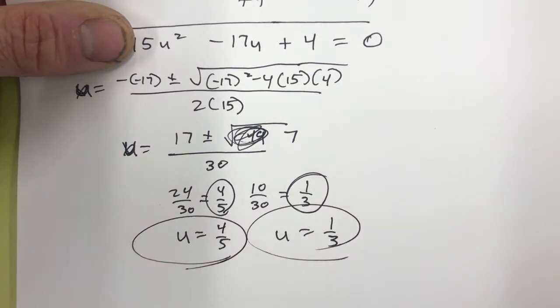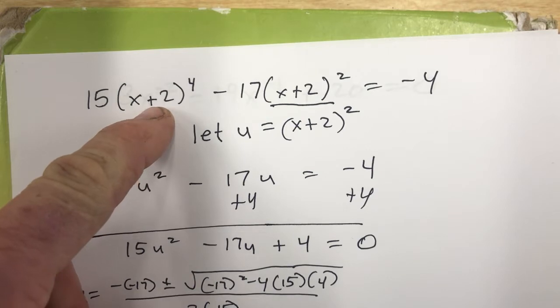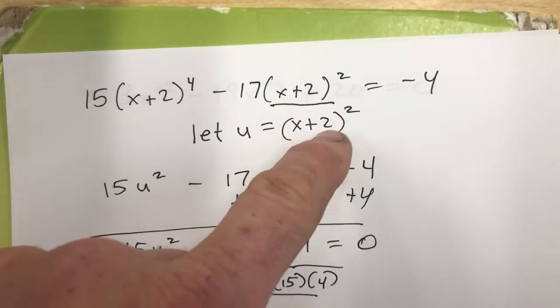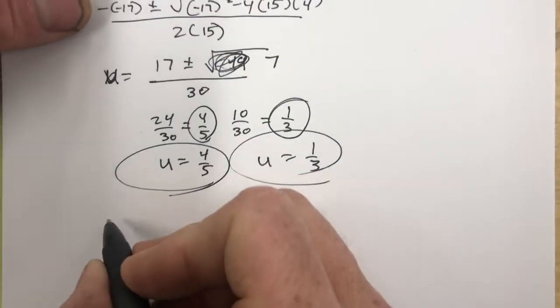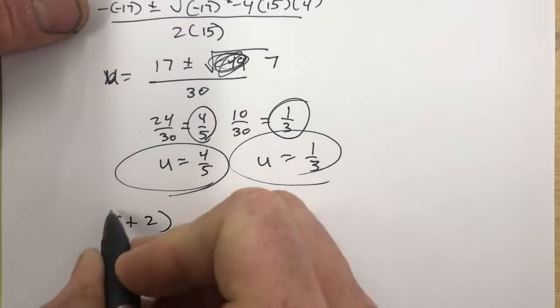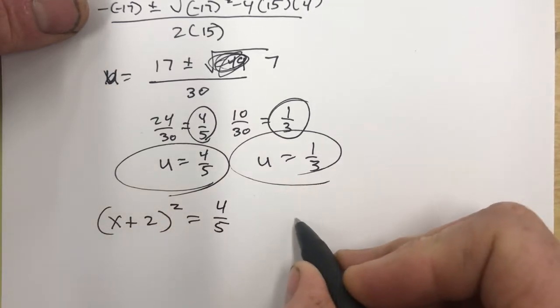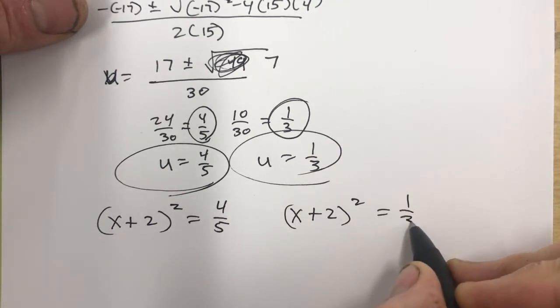Okay, but we're not solving for u, we're solving for x. All right, well, if you remember, u is this expression right here, x plus 2 squared. All right, so if I bring that back down here, x plus 2 squared equals 4/5. And x plus 2 squared equals 1/3.